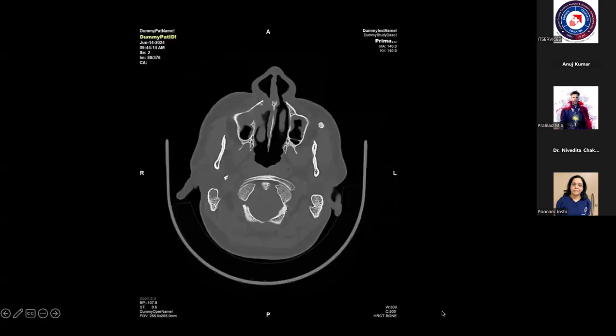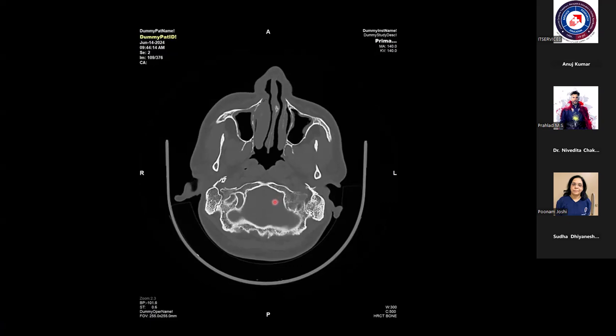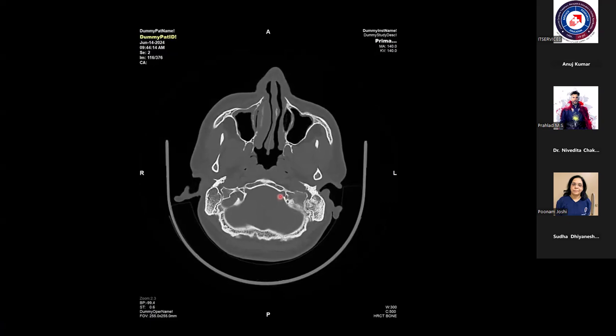So let's see this. Again, I'm coming from inferior to superior. The first thing that we come across is the hypoglossal canal here.